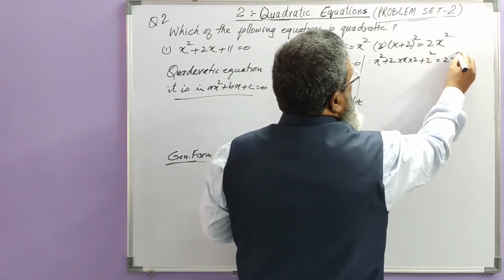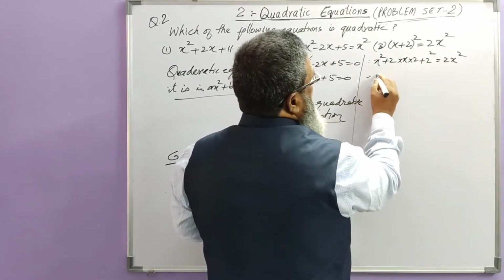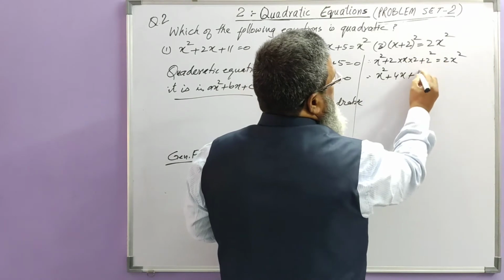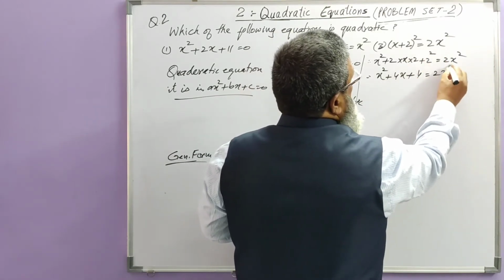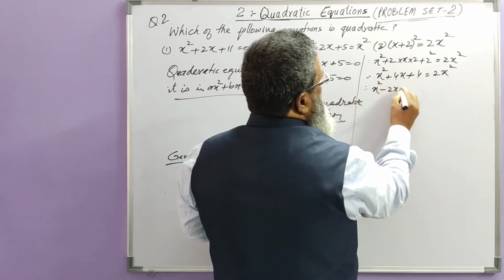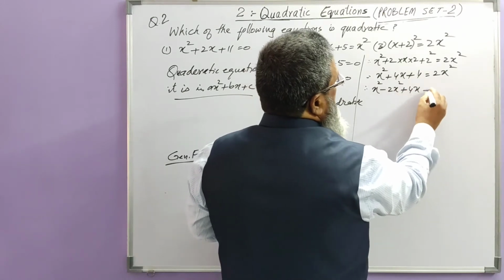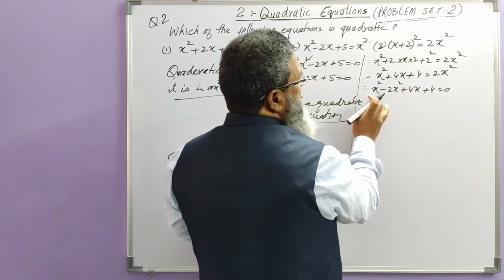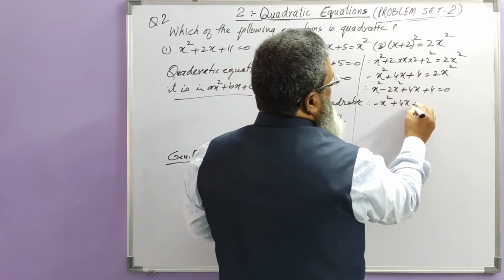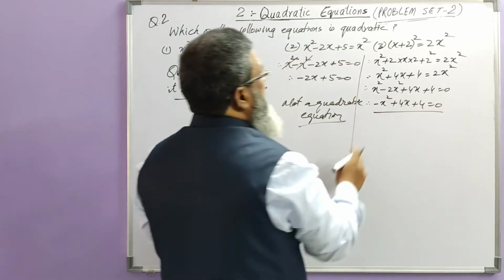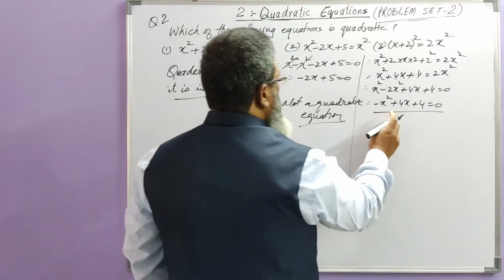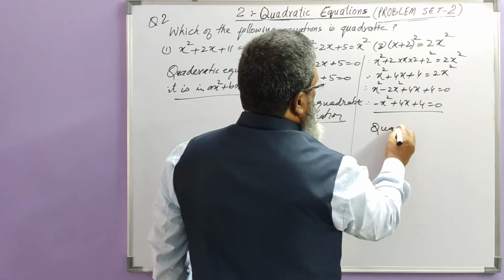So this will be x square plus 2 into 2, 4x, plus 2 square is 4, is equal to 2x square. Take this to the left side: x square minus 2x square plus 4x plus 4 is equal to 0. x square minus 2x square is minus x square plus 4x plus 4 is equal to 0. It is in the general form like this, ax square plus bx plus c is equal to 0, so it is also a quadratic equation.